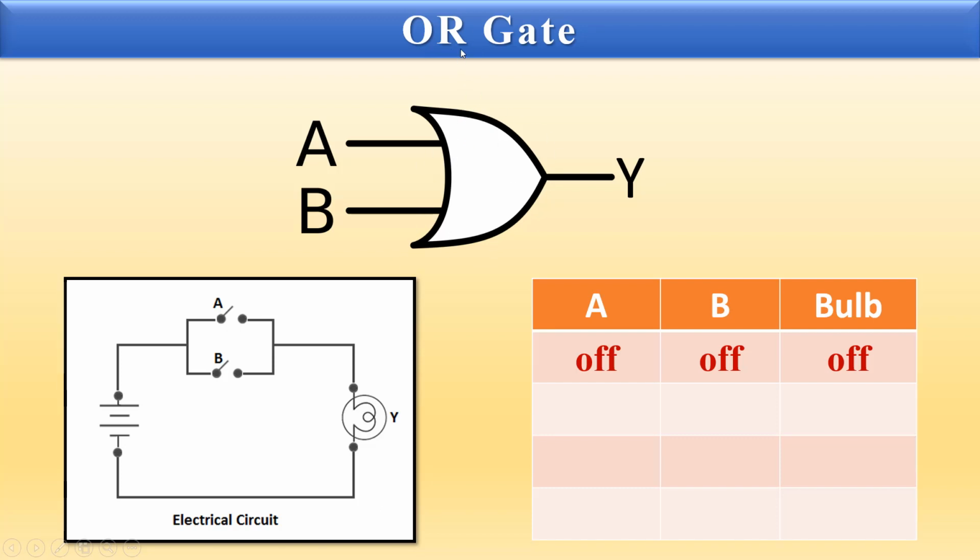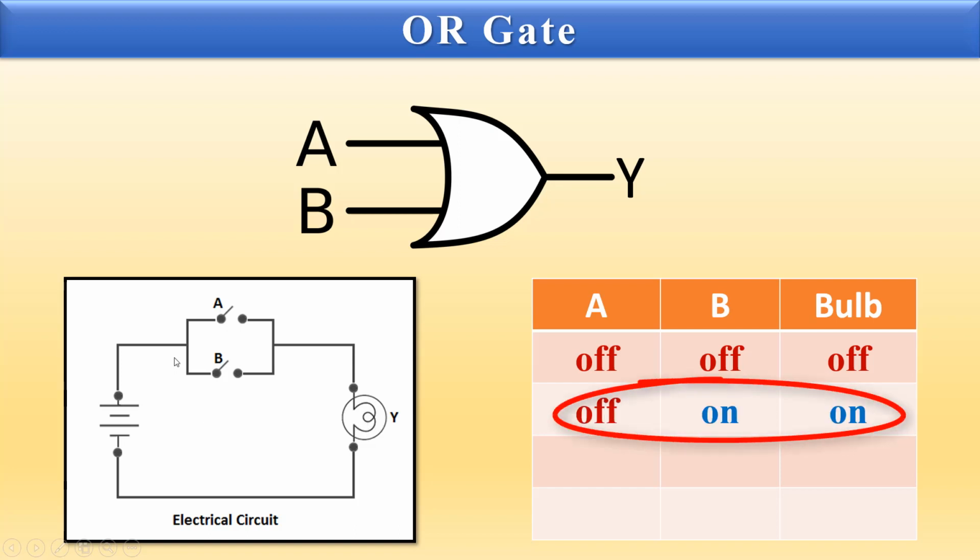It replaces the OR Boolean operation represented by the plus sign. The circuit we can imagine for OR gate looks something like this, where both the switches A and B are connected in parallel. So when both A and B are off, then there is no current in the circuit and the bulb is off.